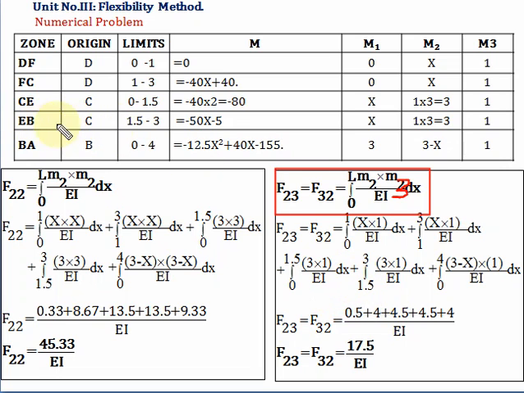So the next zone is EB, 1.5 to 3, so 3 into 1 upon EI, and the last zone is BA, the limit is 0 to 4, so 3 minus x into 1 upon EI. Okay, so after solving this integration we'll get this value, and the final value of f23 equal to f32 is 17.5 upon EI.